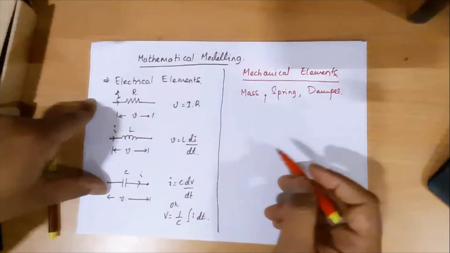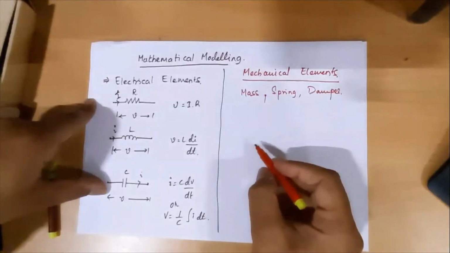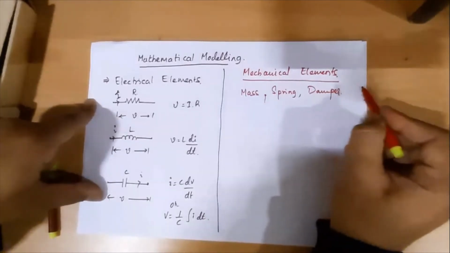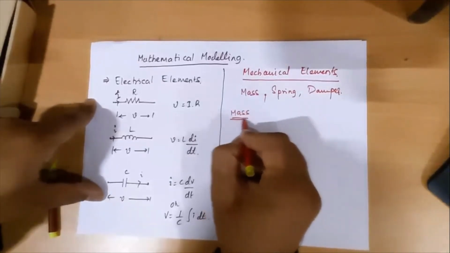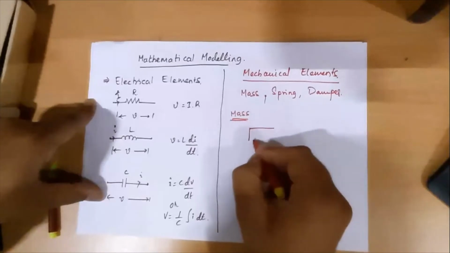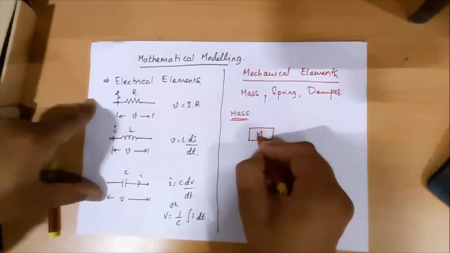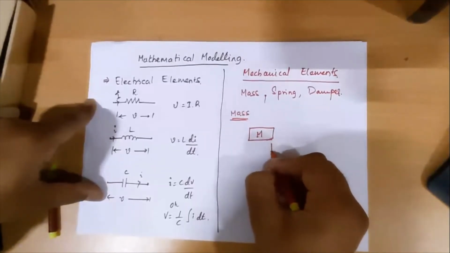Fine. So let us start with the mathematical definition of mass. How do we represent a mass in a simple diagram? As a block, with m as its mass.